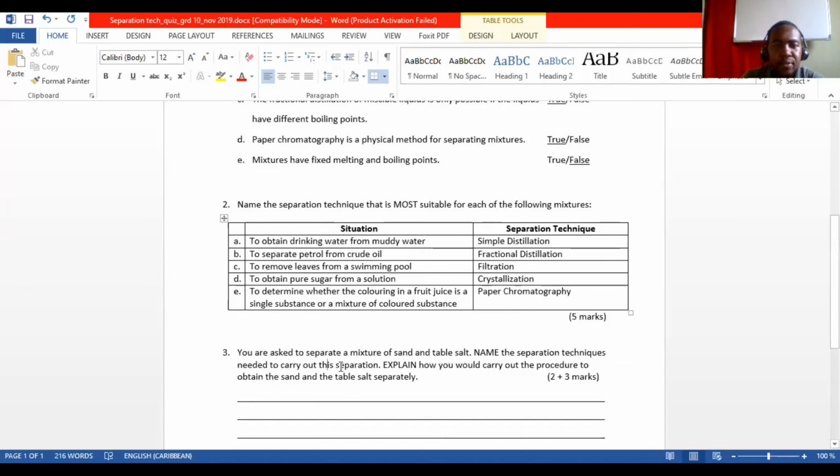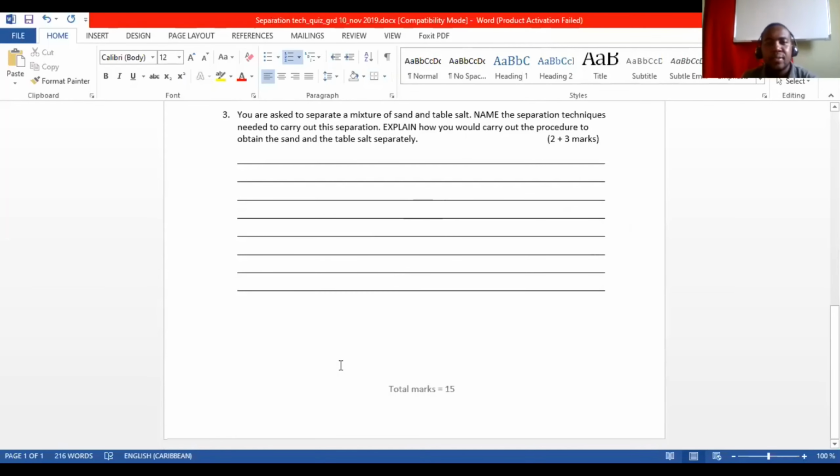All right, so the last question: you are asked to separate a mixture of sand and table salt. Name the separating techniques needed to carry out this separation, and explain how you would carry out the procedure.